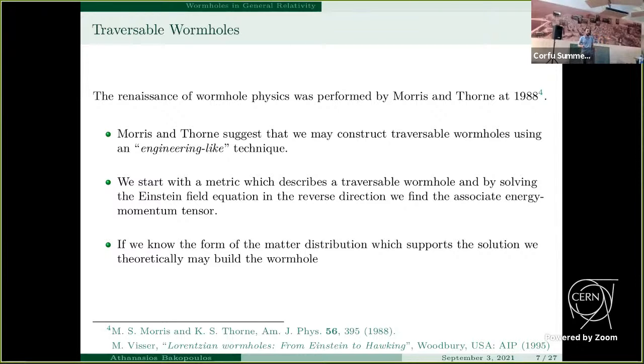We start with a metric which describes a traversable wormhole, and by solving the Einstein field equations in the reverse direction, we find the associated energy-momentum tensor. Now, if we know the form of the matter distribution which supports the solution, we theoretically may build the wormhole, or, more realistically, search in the universe in order to detect an astrophysical wormhole.